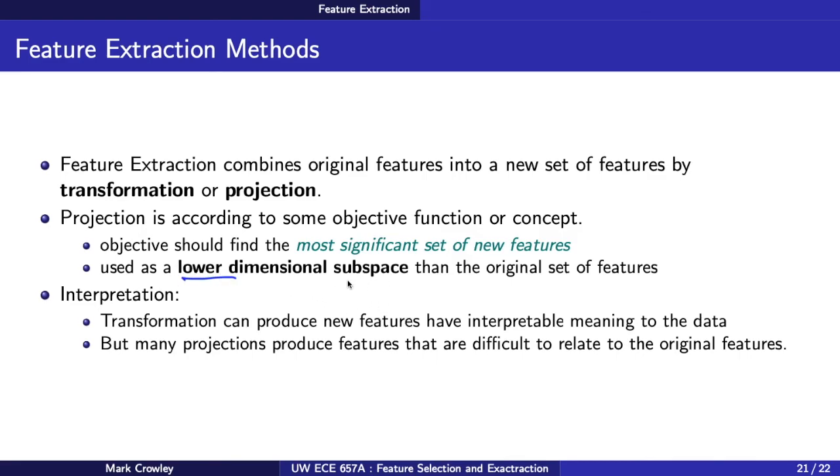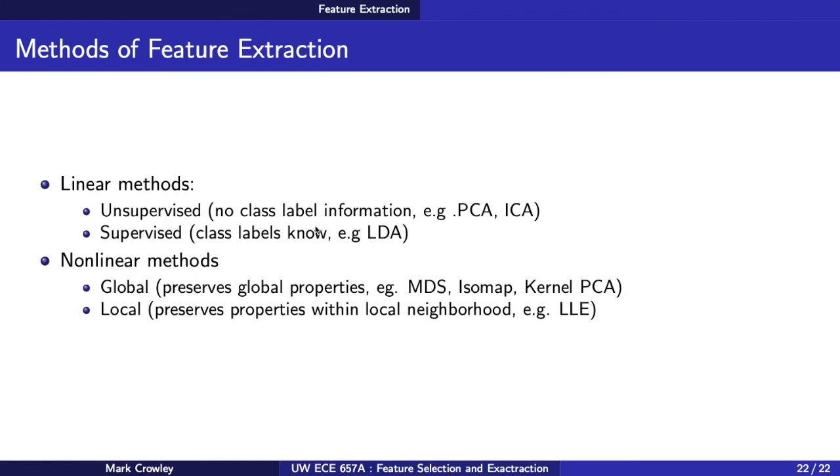So the subspace is the combination of your data points in the number of dimensions, the number of features you have chosen. And so you want that to be smaller in terms of dimensions. We've talked about before that it should hopefully be more interpretable, but it may not be. And so what you're going to go through are basically linear methods and nonlinear methods for finding patterns and variations in the data itself.